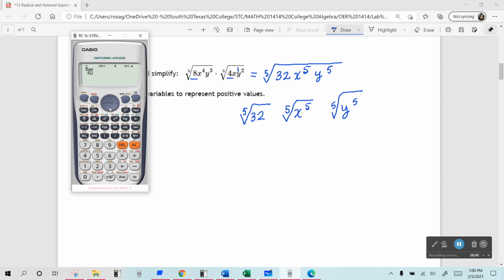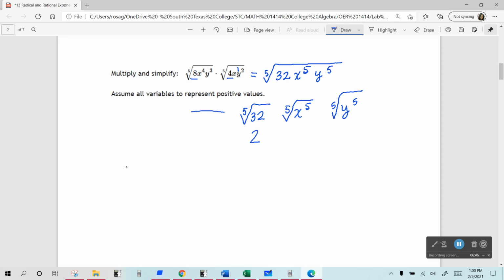And I can put a 5 there, and then I put 32, and I get 2. Now, if you're going to do it by steps, you would do 32. Two numbers that give you 32, 8 and 4. 4 and 2, 2 and 2. And then the 4, 2 and 2.